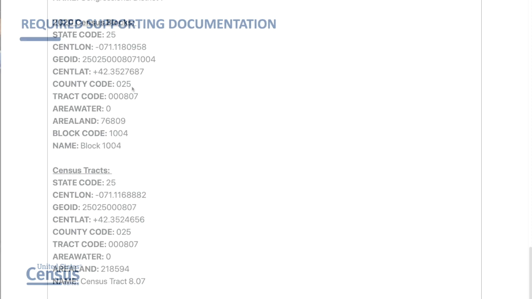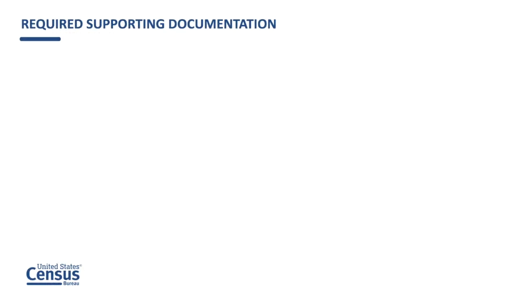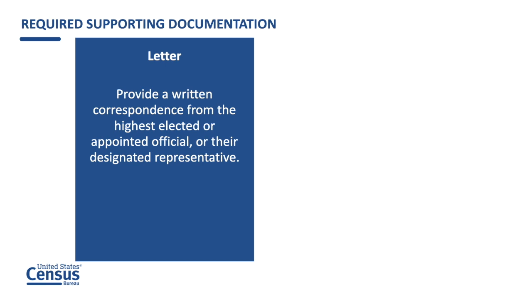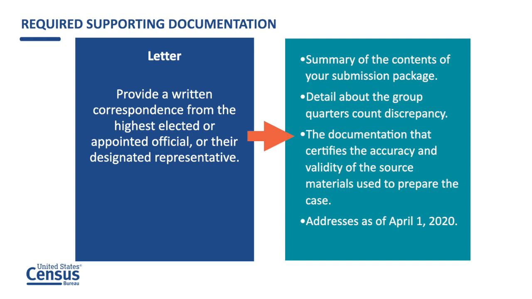Next, for your supporting documentation, you must provide a written correspondence from the highest elected or appointed official or their designated representative. This document must include: 1. A summary of the contents of your submission package. For example, a report from the facility, a letter from a qualified administrator stating count and date of count.